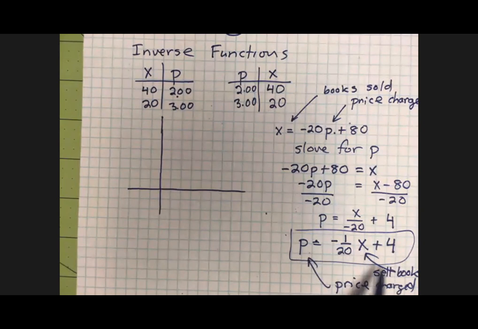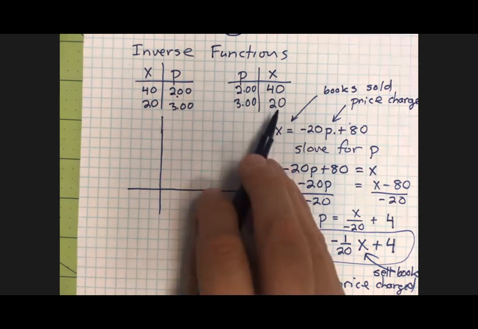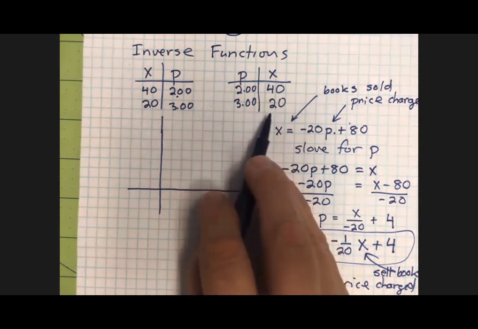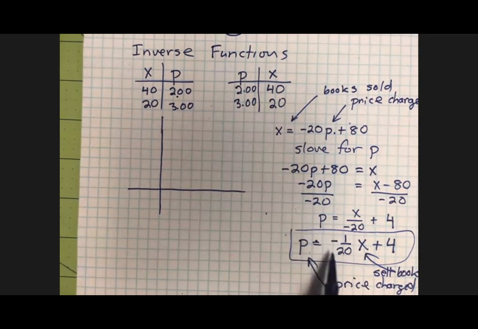If I sell 40 books, I must be charging $2. If I sell 20 books, 20 times minus 1 over 20 is negative 1. 4 minus 1 is 3. If I sell 20 books, I must be charging $3.